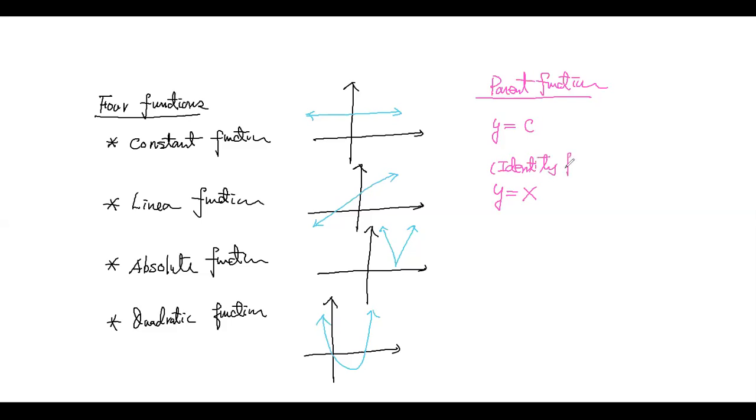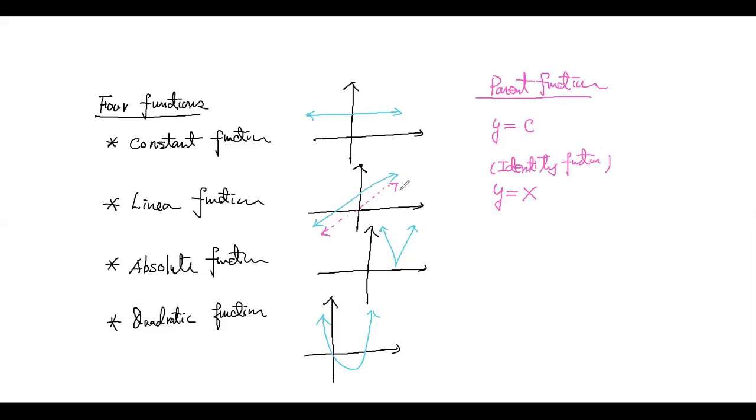This function is a diagonal that goes through the origin. Let me draw the dotted line here. This will be my parent function.